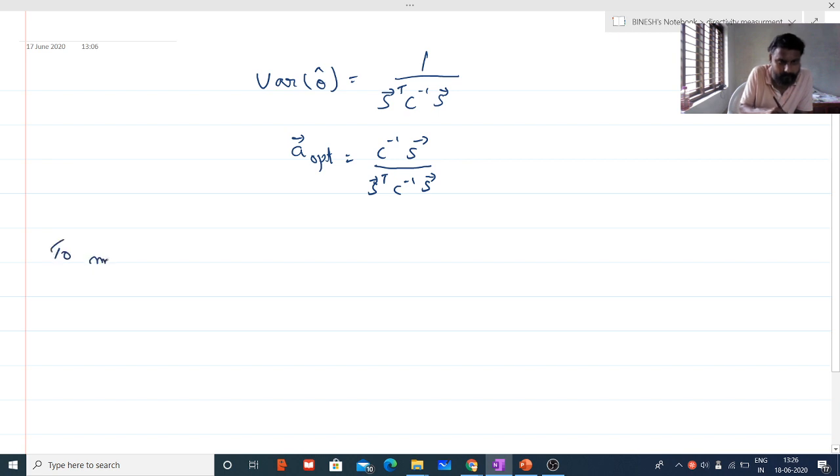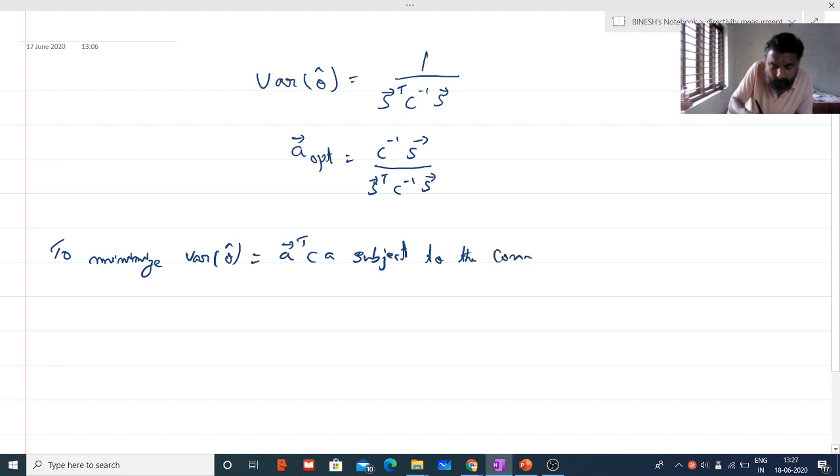To minimize the variance of theta cap, equal to A transpose C A, subject to the condition. It is not necessary that you include this in the part B session.